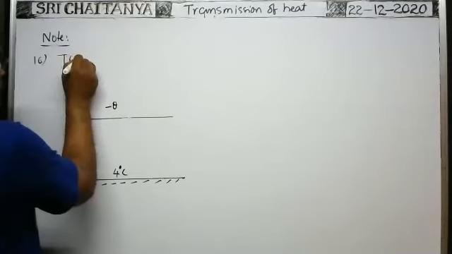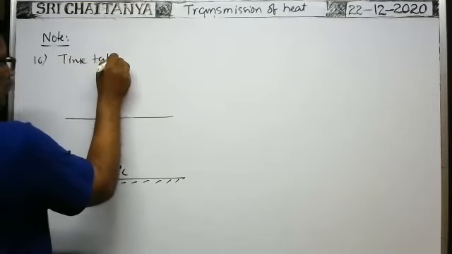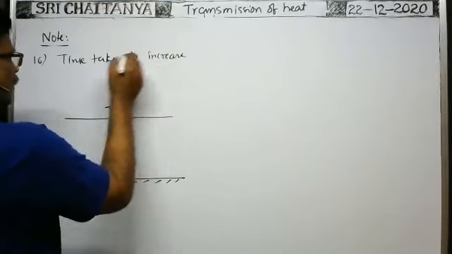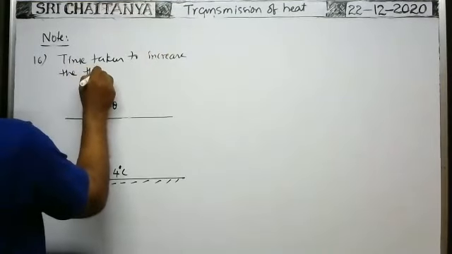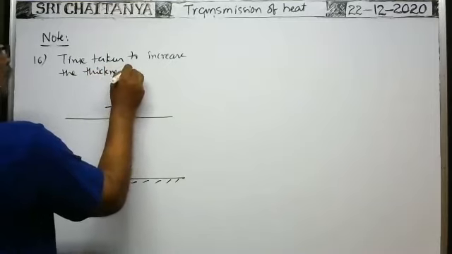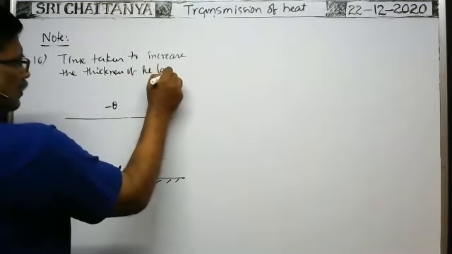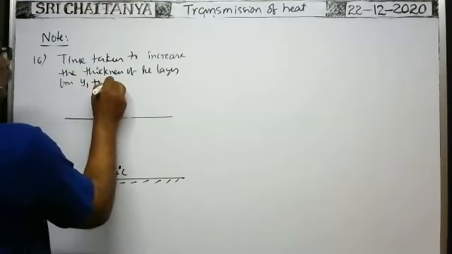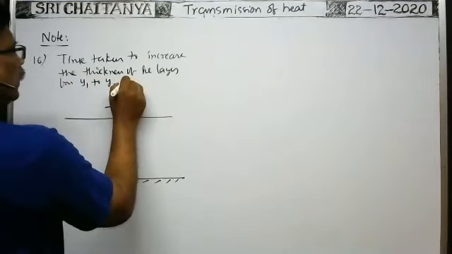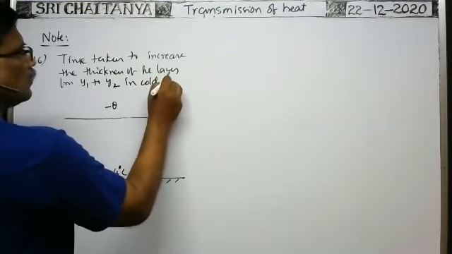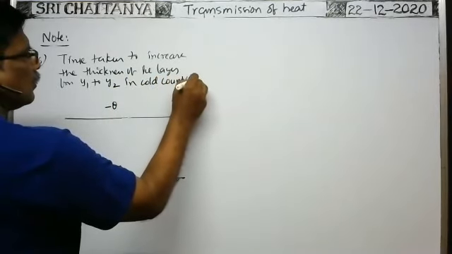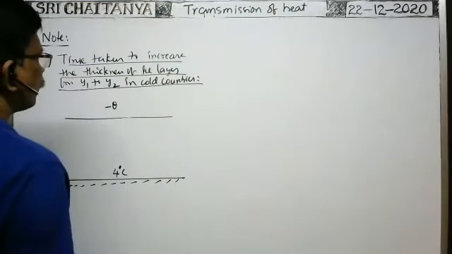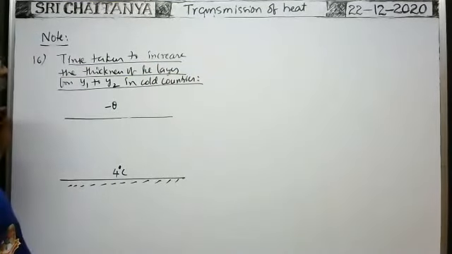So our aim is the time taken to increase the thickness of the ice layer from y1 to y2 in cold countries.